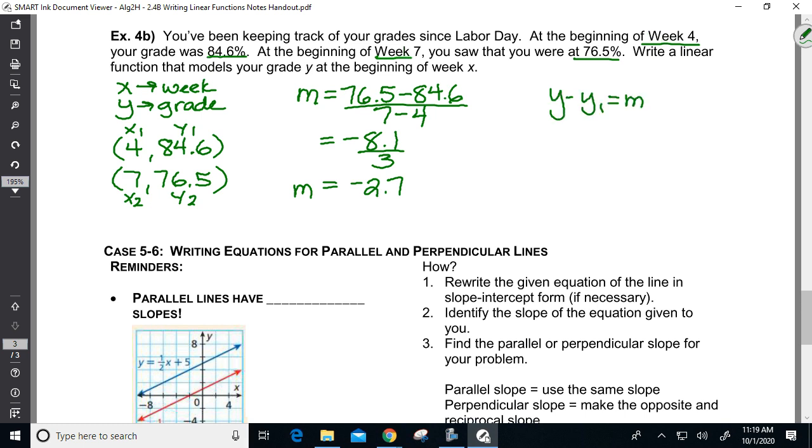Point slope form. So, I'm going to pick that point since I was born in April, and that's the 4th month of the year.